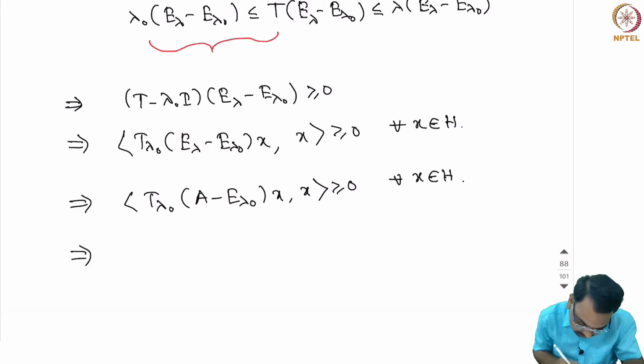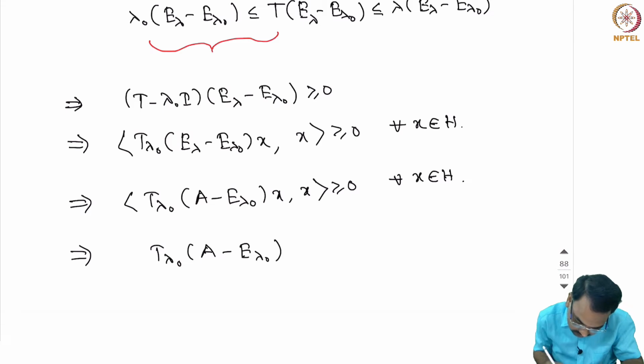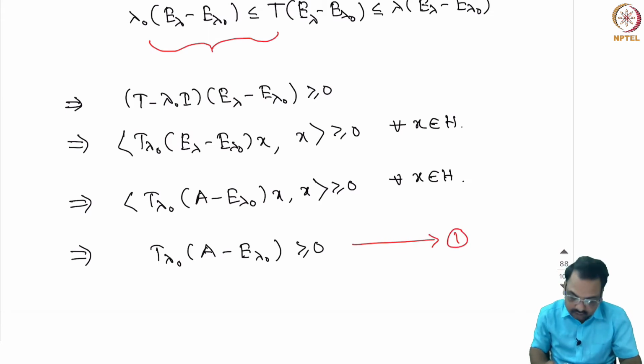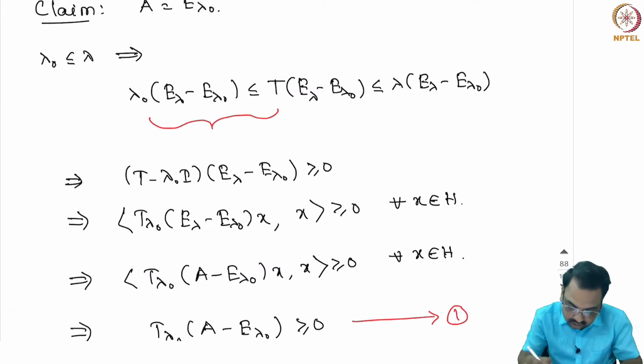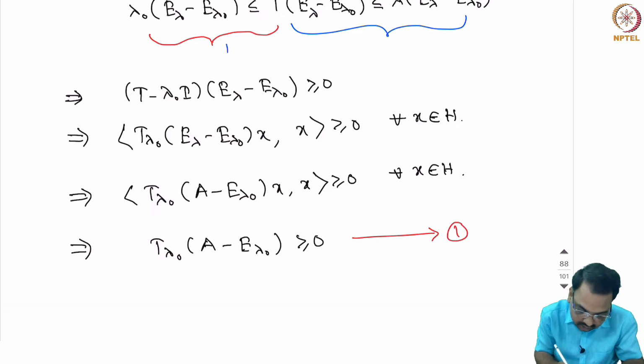That means we can say that this operator T lambda naught multiplied by A minus E lambda naught is always positive. So let us call this inequality 1. Now if you look at the second inequality that we are having here, let us call this star and this double star.